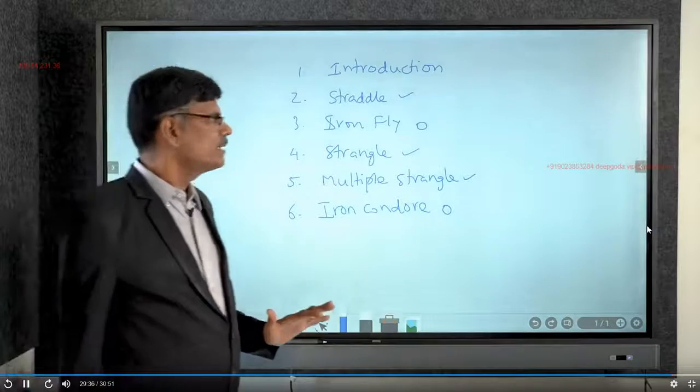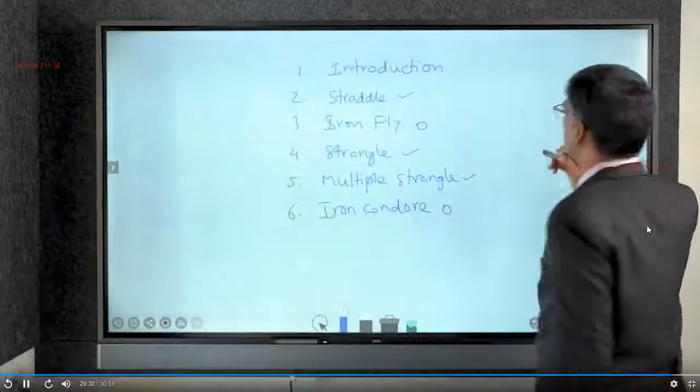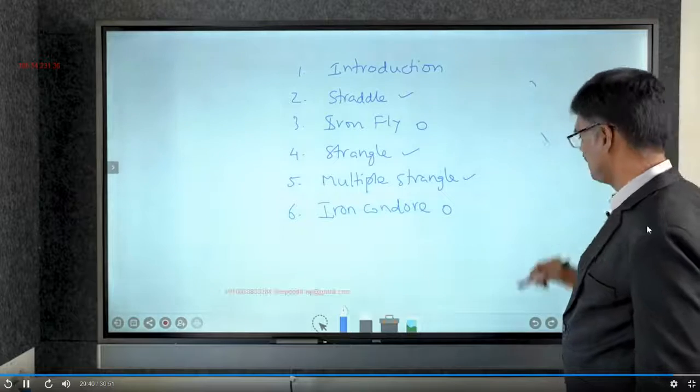In addition to the strategies, what are the firefighting techniques we have seen?